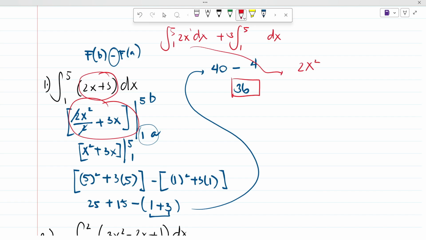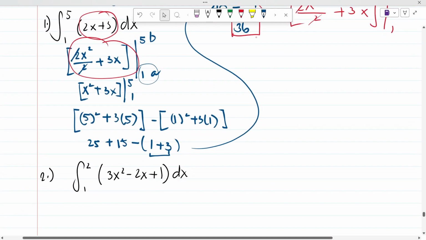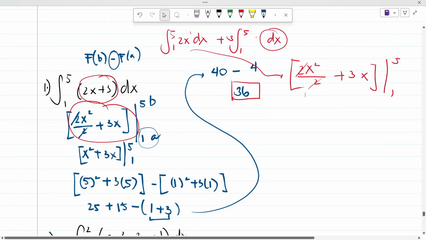So 2x squared all over 2 plus 3 times the integral of dx, which is x, then we put the limits, 1 to 5. I think you already know that, since you have already reached definite integrals and have mastered indefinite integrals. So the final answer for this problem is 36.